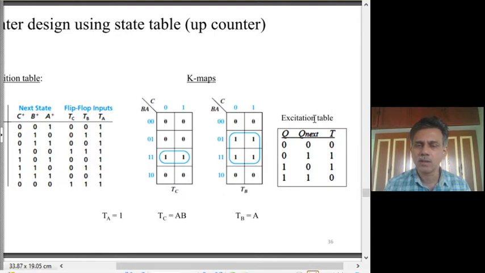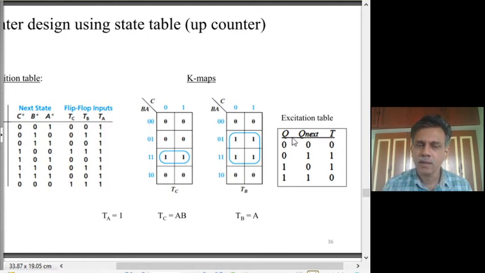That is why we call this the excitation table. So there are 4 possible combinations of the present state and the next state. The present state can be 0 and the next state can be 0 and so on. So 0 0, 0 1, 1 0, 1 1 are the 4 possible combinations of the present and next state for which the desired excitation needs to be computed.